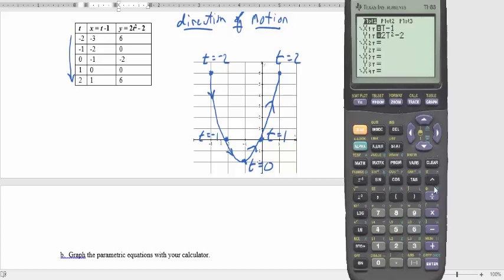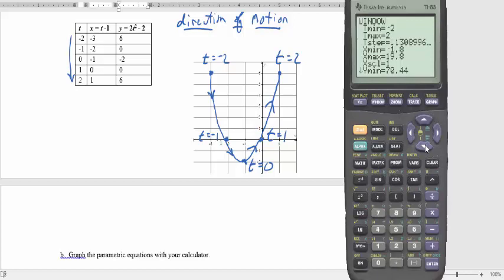We're set. Now the difference is also going to be seen when we push window. When I push window now, I not only have xmin, xmax, ymin, ymax, I also have this tmin and tmax, right? And this is important that you fill this in correctly. My t values in this problem went from -2 to +2. Now step, yes, I used 1 in my table, but I knew that I would have to connect with a smooth curve. The calculator doesn't know this.